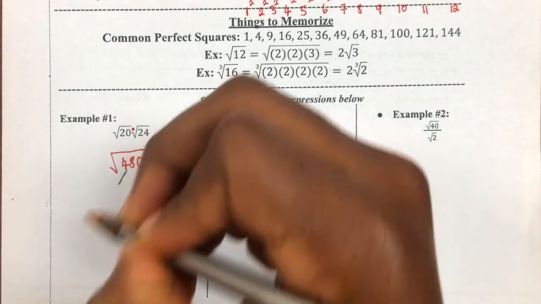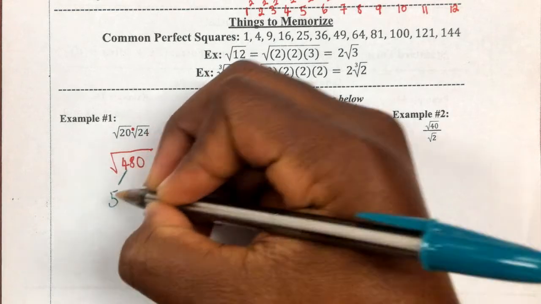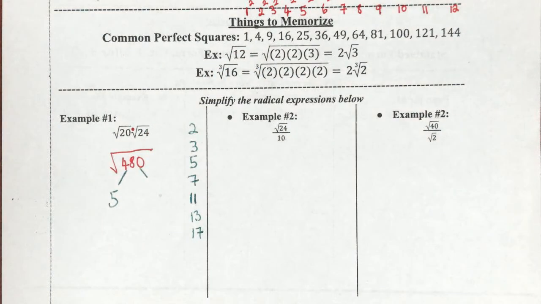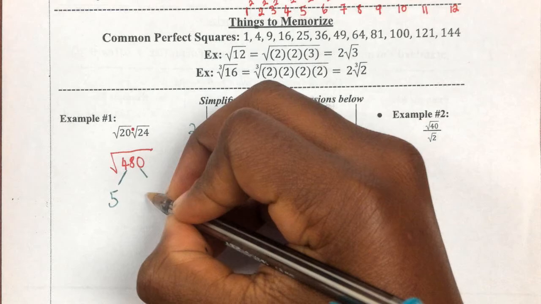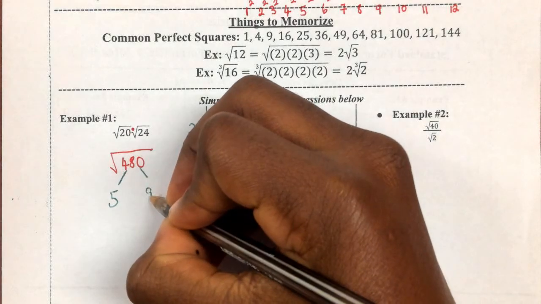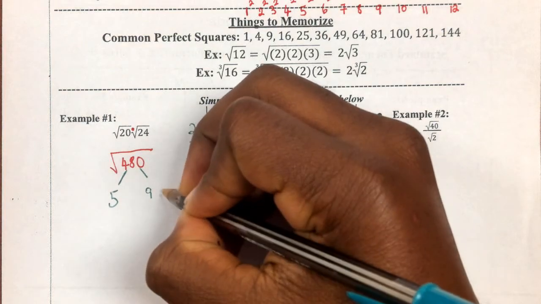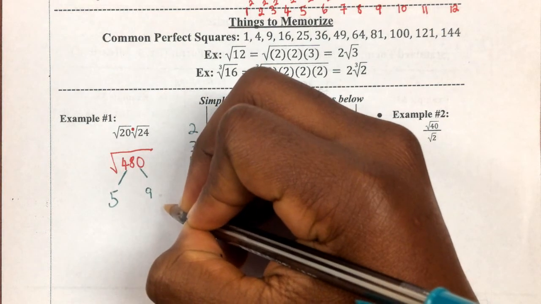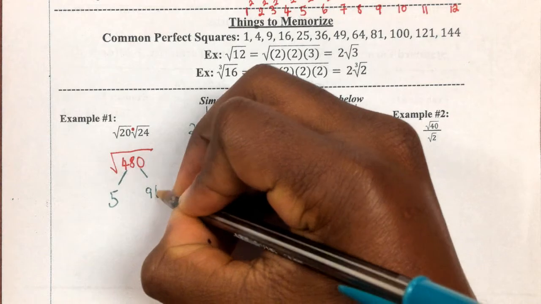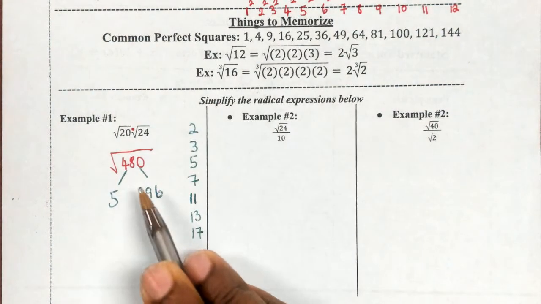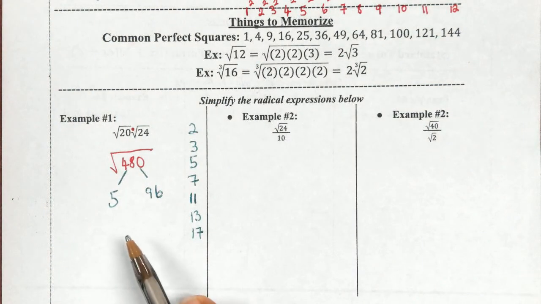If I divide 480 by 5, I would get, I believe, 92. No, actually 96. So 480 divided by 5 would be 96.